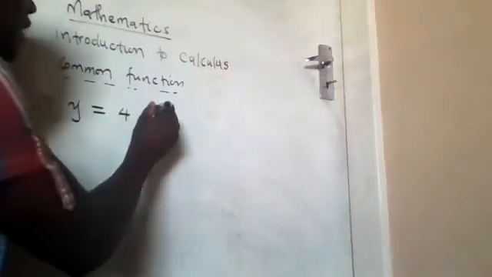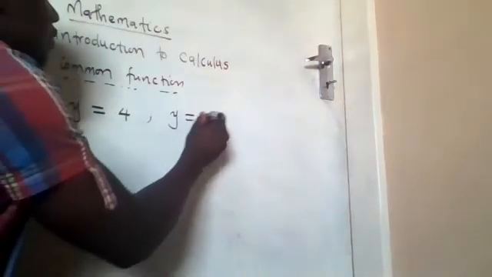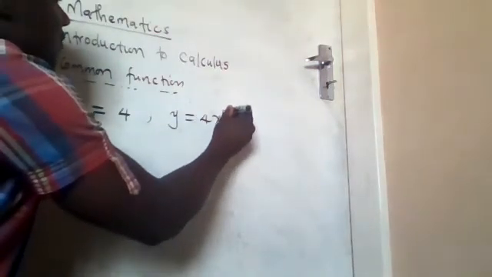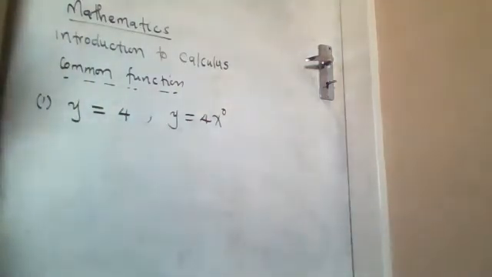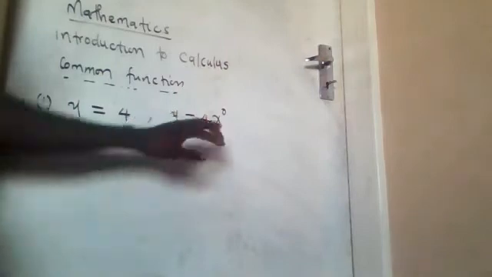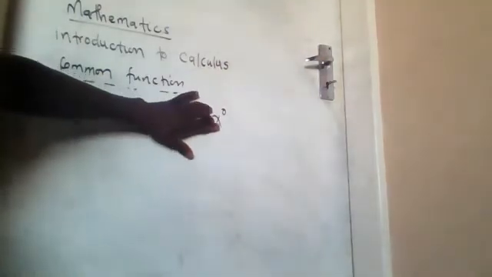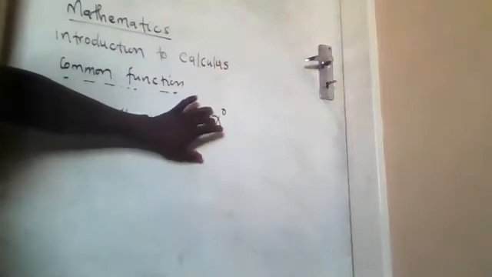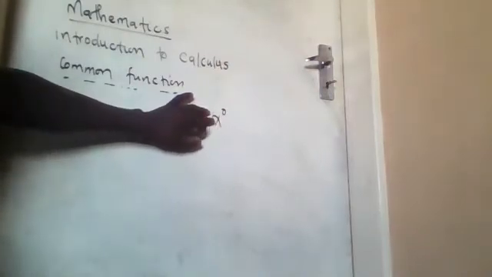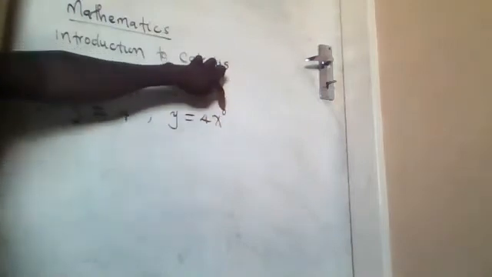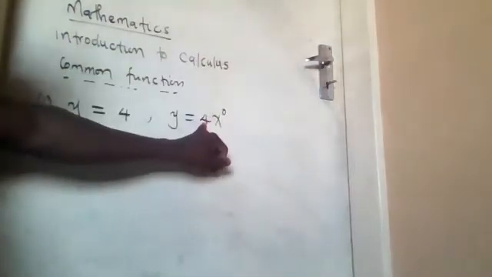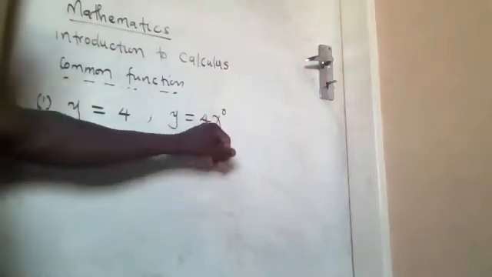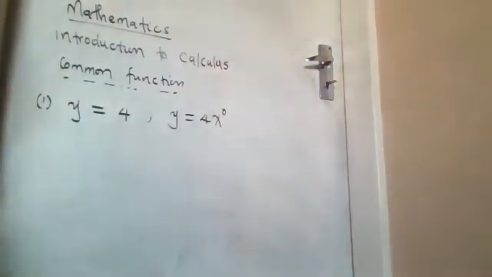So this equation can also be written as y is equal to 4x raised to power 0. It's the same thing. Why didn't we include it here? Because according to the laws of indices, any number or any variable raised to power 0 gives 1. So when you have x raised to power 0, that is as good as having 1. Then when that one is multiplied with a constant 4, it brings us back to 4.